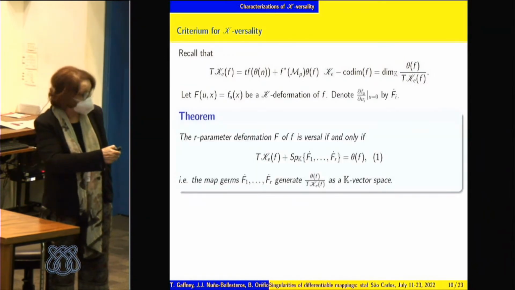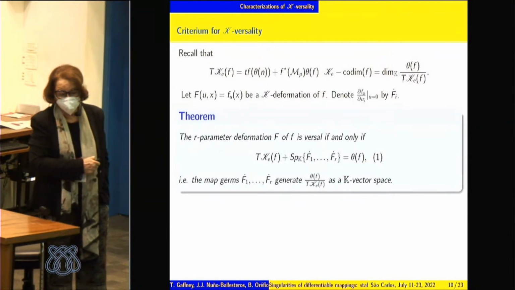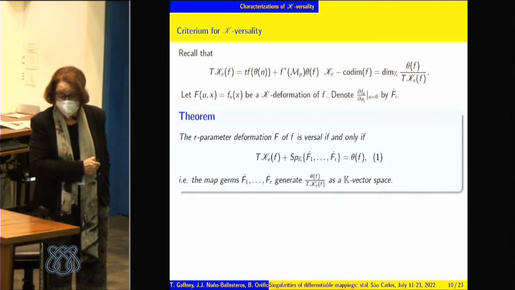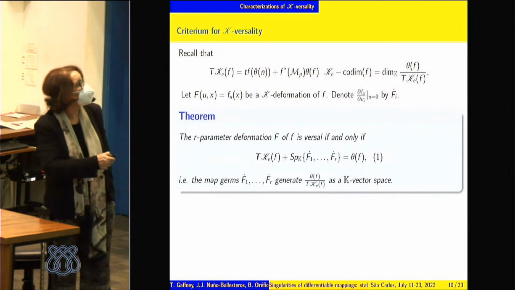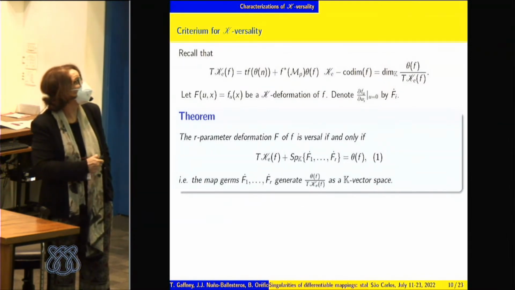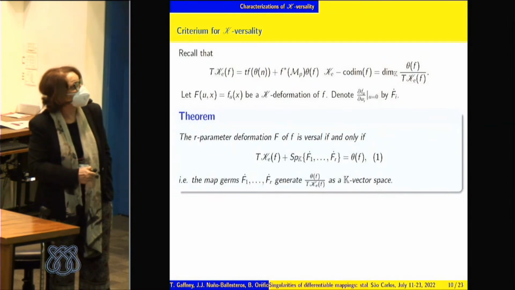So the theorem we have is the following. Sorry, let me first say the following. Given this deformation with R parameters, I denote by Fi dot the directions of deformations.